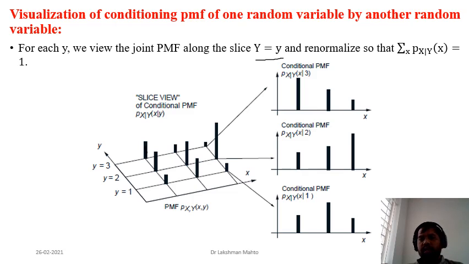Here the conditional probability mass function of x given y equal to 3 is defined as the ratio of the joint probability mass function of x and y, where x is taking any arbitrary value but the y value is fixed, taking 3, divided by the value of the marginal probability mass function of y, that y is taking value 3.